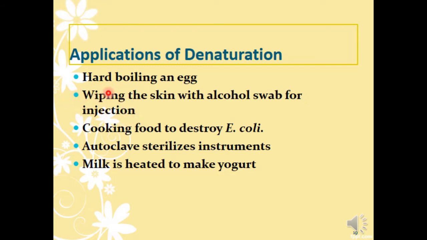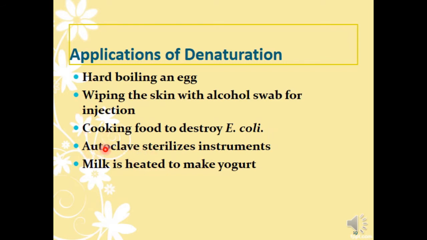when you undergo injection. The third one is cooking. There's a reason why you must cook raw food before eating, to destroy organisms like E. coli. Fourth one is autoclave.